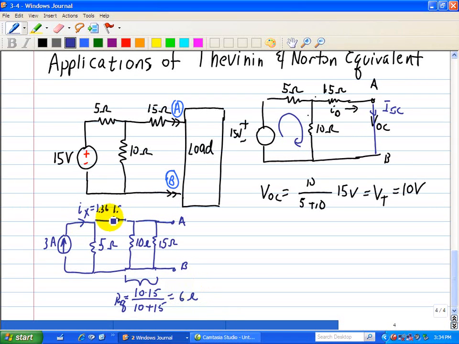So let's find the current through here, and we'll see it's 1.36 amps when you apply the current divider, because IX is just simply the opposite resistor, which is 5 over the sum, which is 5 plus 6 now, times 3 amps, which is basically 1.36 amps provided by IX here.